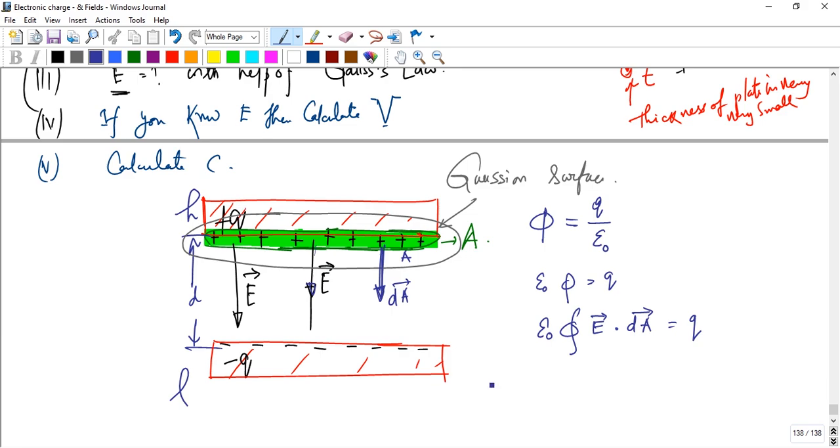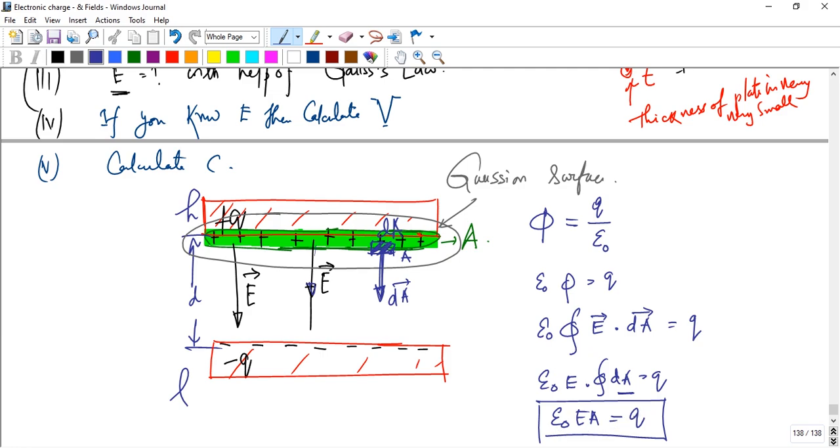So you get epsilon naught times E times the integral of dA equals Q, and the integral of dA is A. That's the first expression we found: Q equals epsilon naught E A.